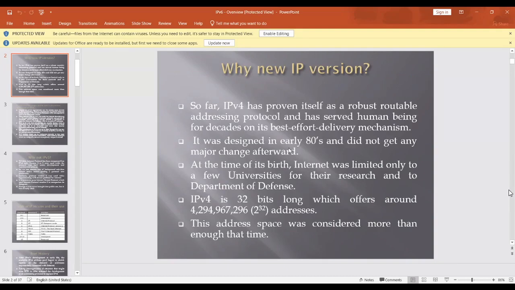But it was designed in the early 90s and did not get any major change afterward. At the time of its birth, the internet was limited to a few universities for their research and to the Department of Defense, right? That's why IPv4 is 32 bits long, which offers nearly 4 billion addresses. This address space was considered more than enough at that time.